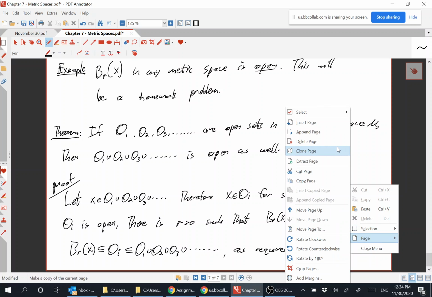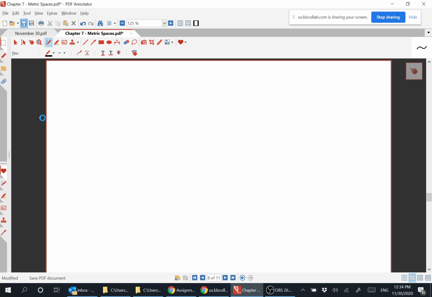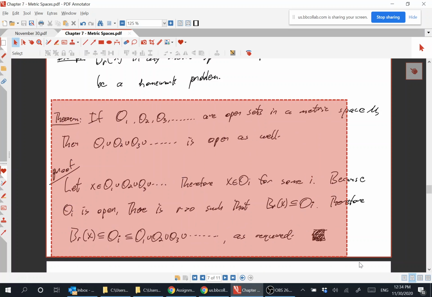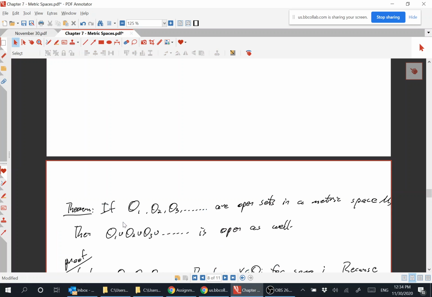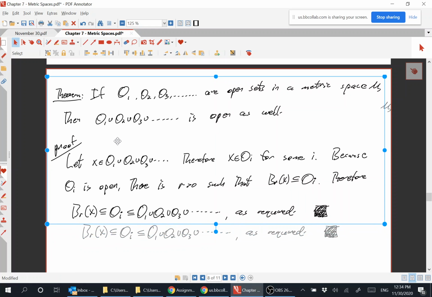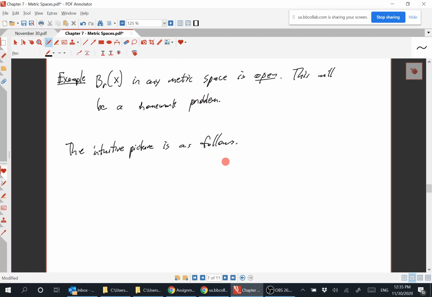The picture to think about is this. So here's X, and here's the open ball around X.